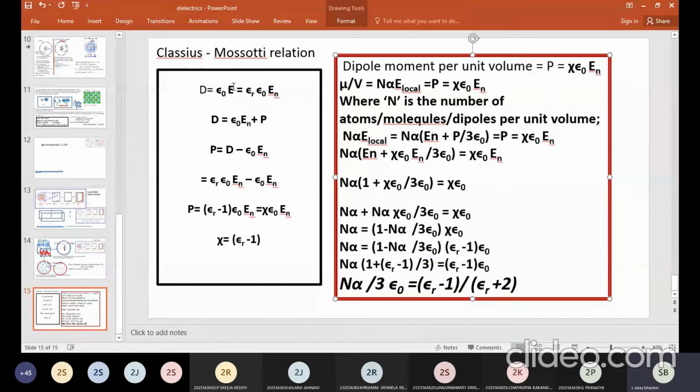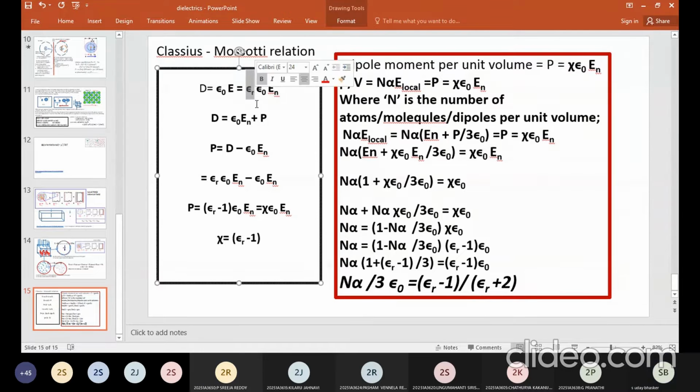But if you want to consider it in terms of a net field, then you multiply with another constant which you call relative permittivity. So D is equal to epsilon naught into epsilon r into En, or equal to epsilon naught into E, where E is your applied electric field and En is the net electric field. Net electric field is nothing but the induced electric field and external electric field.